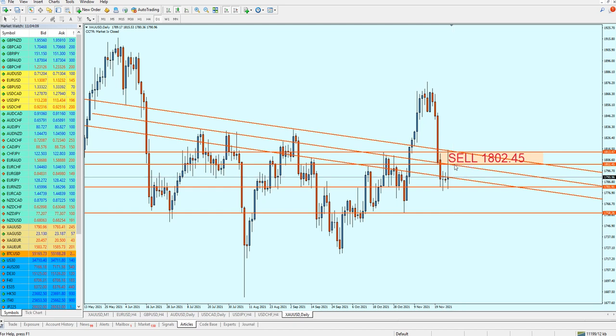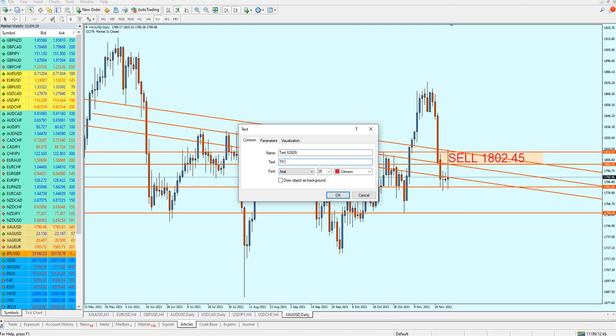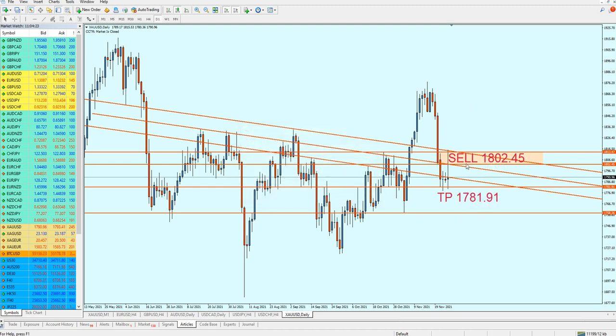If it breaks out from that level, it means it's going to continue the bullish. If not, we're in a good position for the sell, and the take profit level will be right here, 1781.91. As long as we are below or at 1800, we are good for the short.